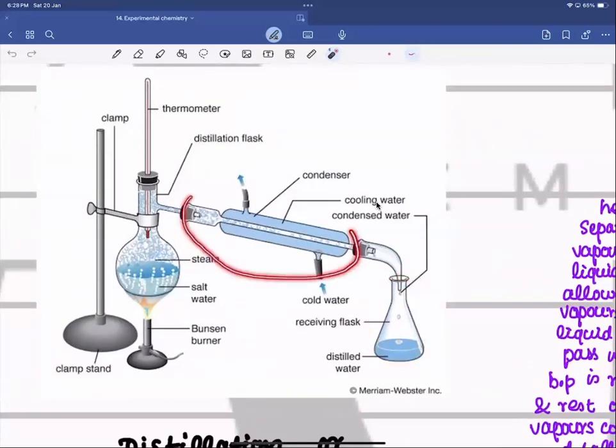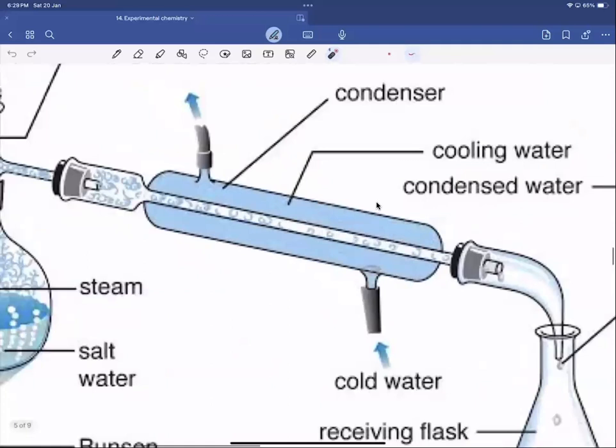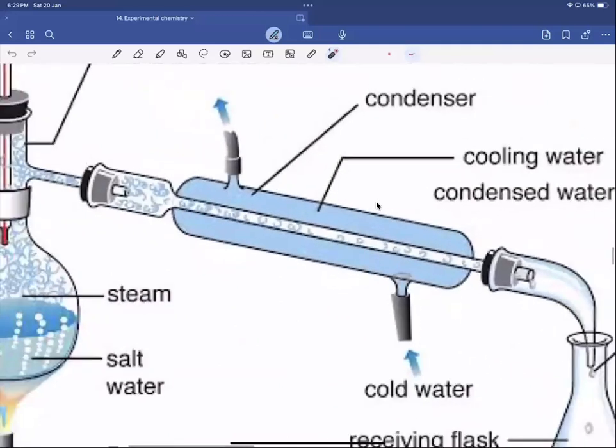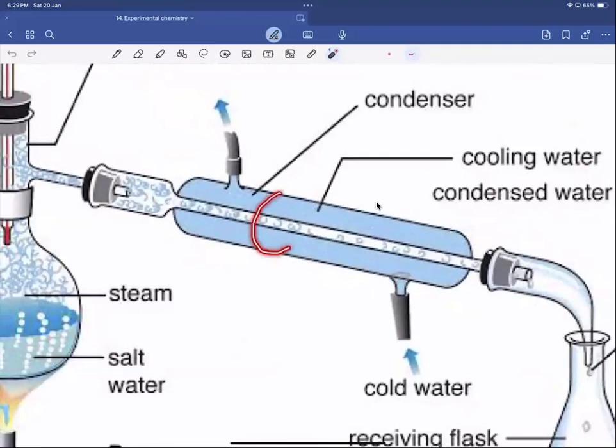This apparatus is called a condenser. Okay. If you look at the condenser more closely, you will find that there are two parts basically. One is a very narrow pipe in the middle, and there is another broader pipe or a broader tube. So these two are separated from each other.